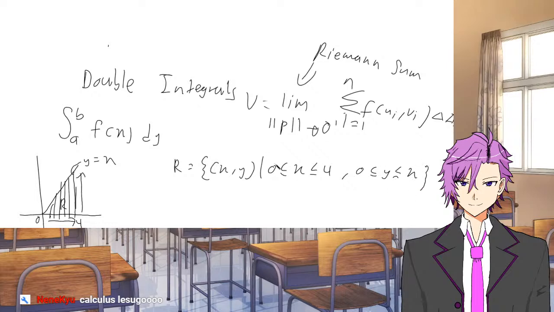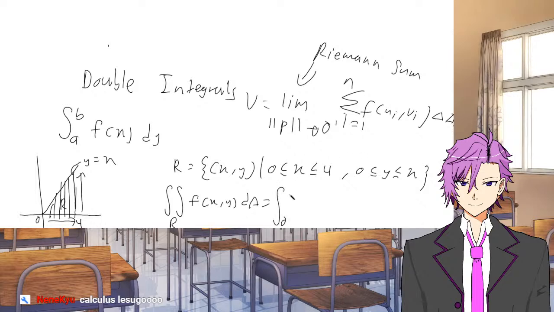Okay, why is the region like this? Because if you want to do an integral, for example, the integral over R of f(x, y) dA, you have to make both limits with x and y.